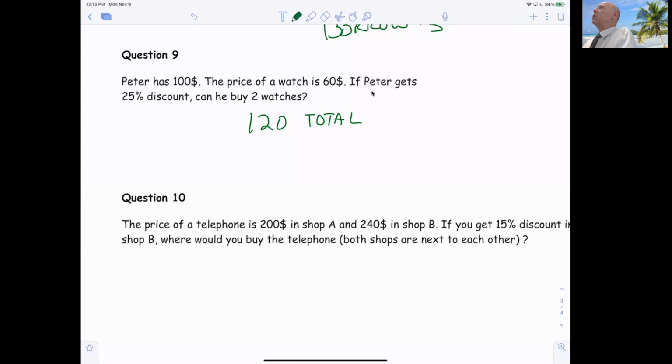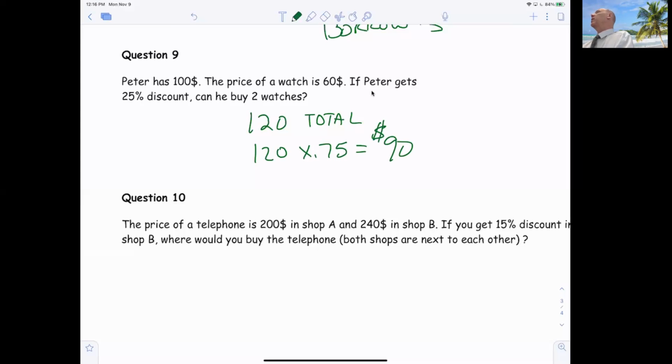So what do I do with the 120? Okay, so now tell me, can he buy the watches?